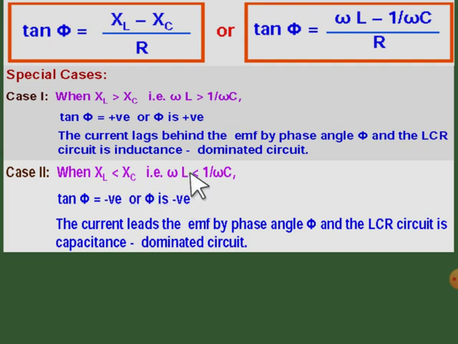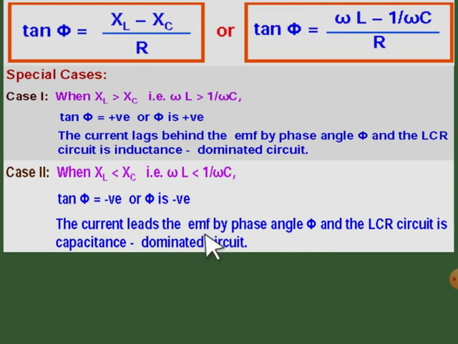In that case, omega L is less than 1 by omega C. So if this one is small and this one is large, the difference of these two will become negative. If tangent of phi is negative, that means phi is negative. This angle is also negative.